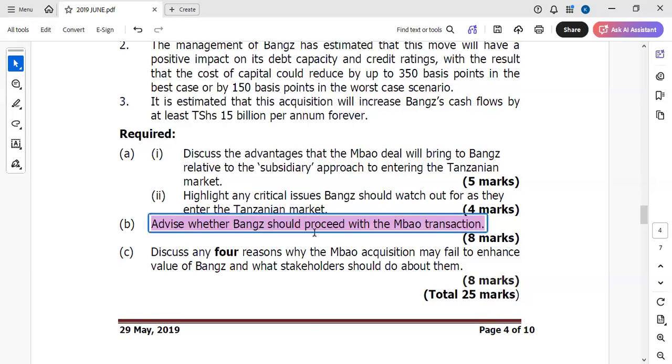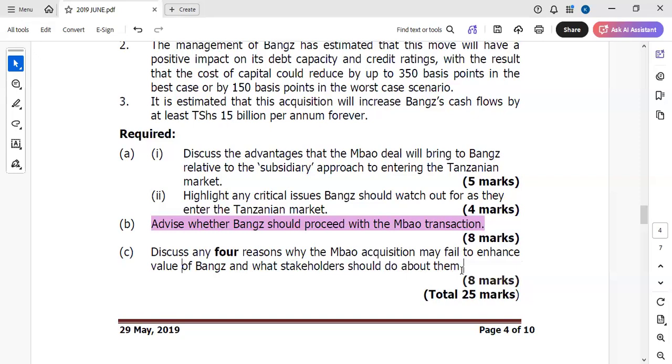But the A, Roman 1 and Roman 2 are theory, then part C: discuss any 4 reasons why Mbayo acquisition may fail to enhance value of Baganzi and what stakeholders should do about them.